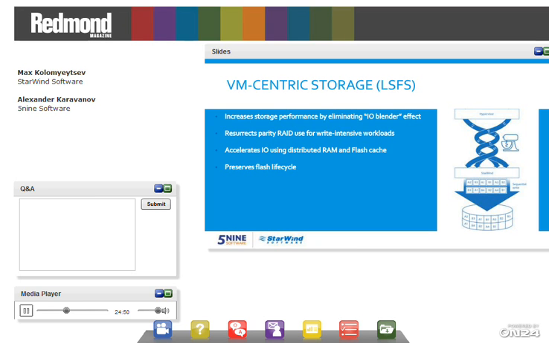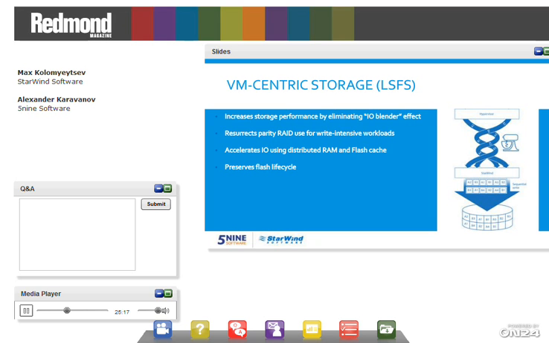So this solution does not come on its own. We now offer it as a complex system with log structuring and a layer of distributed RAM and flash cache on top of it, as well as its coupling with deduplication. So altogether, that combines into a very powerful solution for primary virtual machine storage.